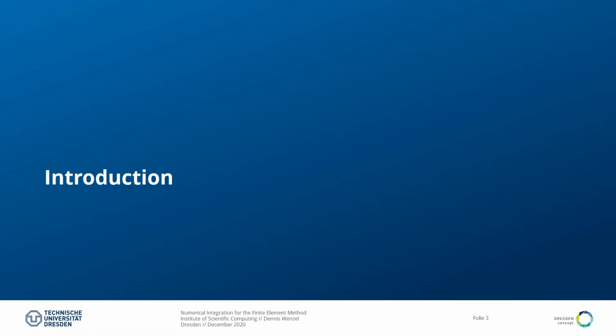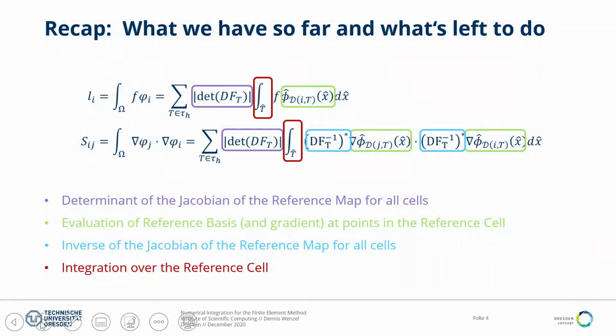Let's start with the introduction. What you see here was the last slide that we had in the last lecture, where we have recapped that all those ingredients we need for the load vector and the stiffness matrix are essentially almost there.